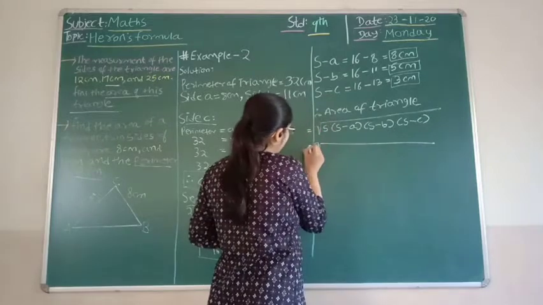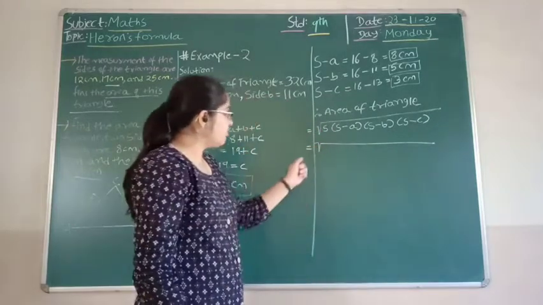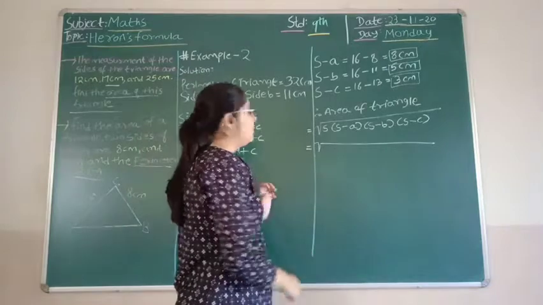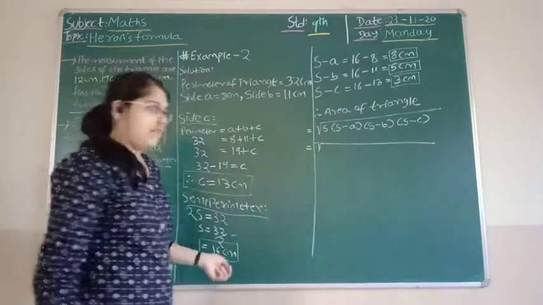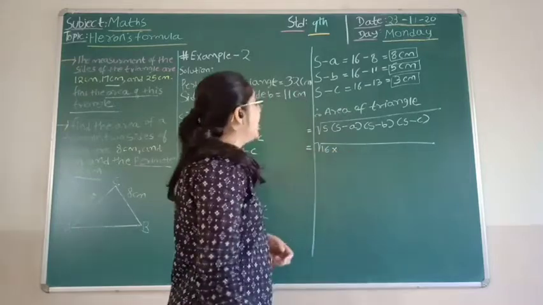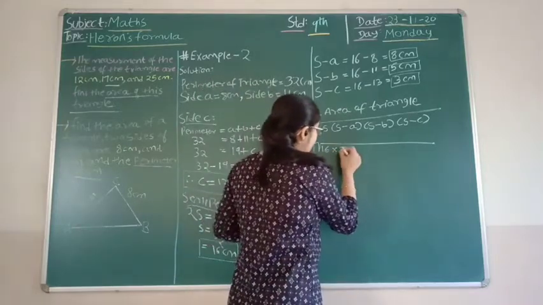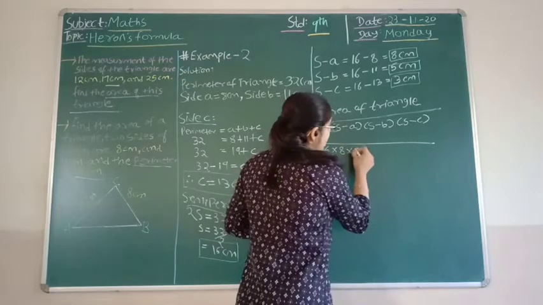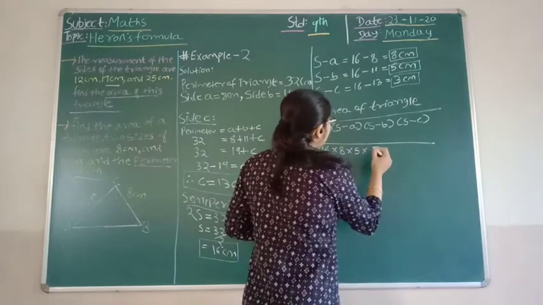That is, S, the semi-perimeter, is 16 multiplied by S minus A which is 8 centimeter, S minus B is 5 centimeter and S minus C is 3 centimeter.